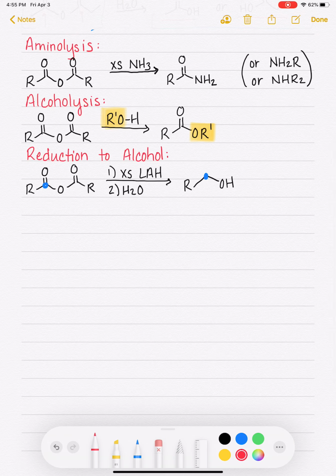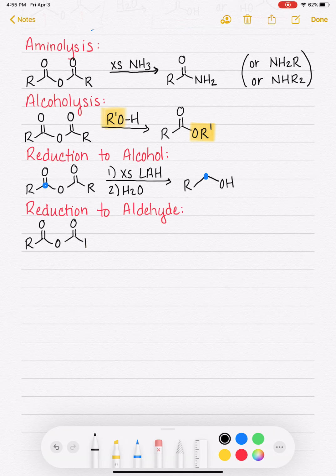Just like with an acid chloride, we can do reduction to an aldehyde. If we don't want to reduce all the way to an alcohol, we can reduce and stop at the aldehyde, and guess what?